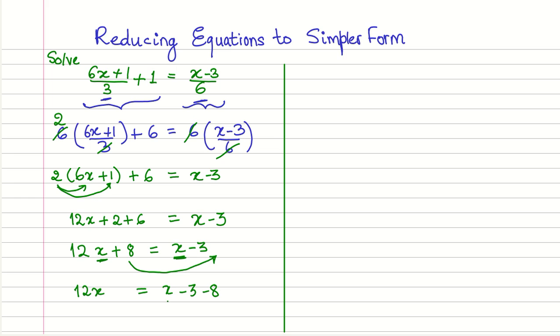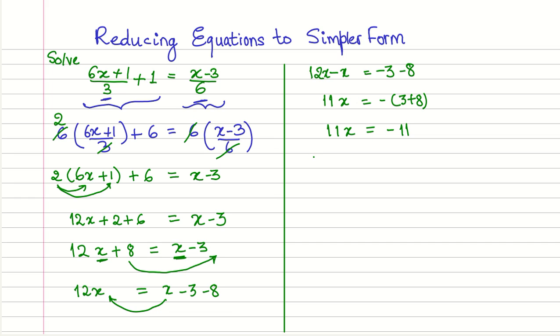Now in this step we transpose the x from the right hand side to the left hand side, so we have 12x - x = -3 - 8. Now 12x - x is 11x, and this becomes minus of 3 plus 8, so we have 11x = -11.